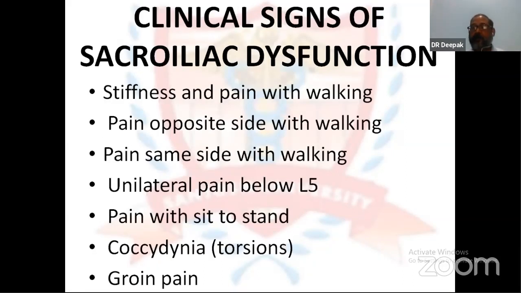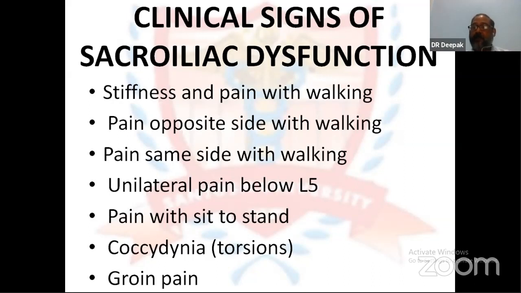Now, how can we diagnose, and what are the clinical signs of sacroiliac joint dysfunction? Because in back pain the painful area is the same, and in other hip pathology the painful area is the same. So there are some clinical signs which, when we check them, help us diagnose SI joint dysfunction. First is stiffness and pain with walking. When a patient walks, there is stiffness and pain.